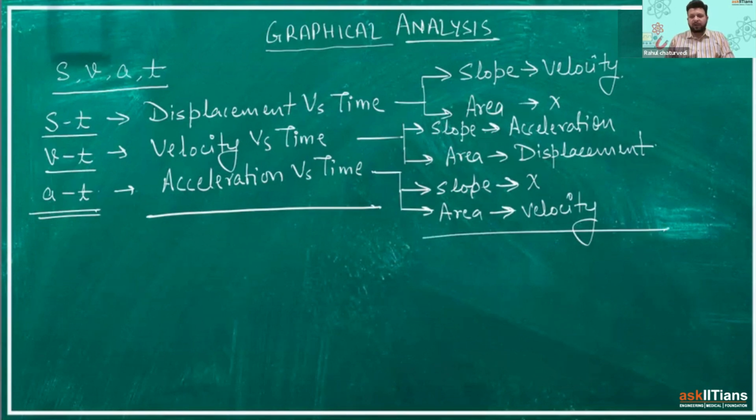So what are the important things you have to consider? Slope as well as area. Let's start with the concept of displacement versus time graph, or you can write it as ST graph.